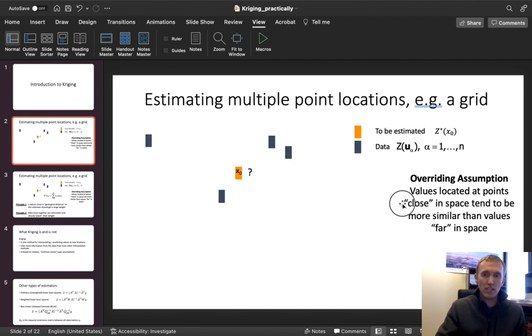And of course, this idea of closeness in space is going to depend on the spatial correlation characteristics of the observations that we have. If you have data that are close, what does close mean? It's within some distance scale where data within that range of distances is correlated, and outside that range is not correlated.